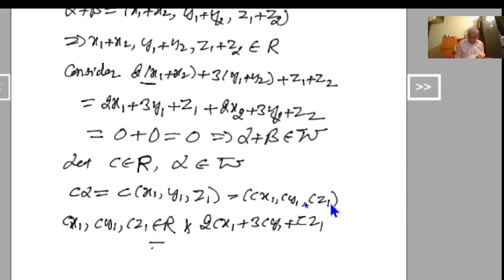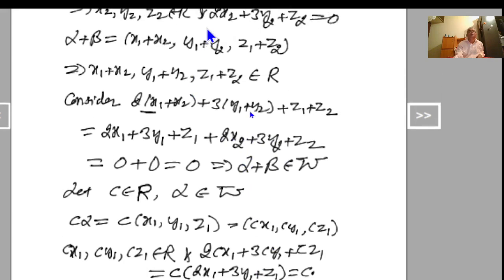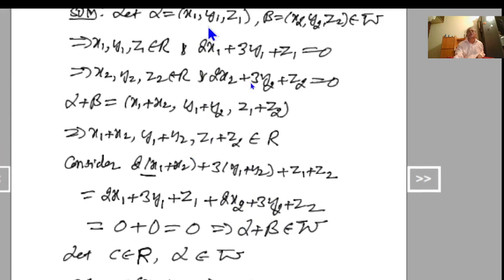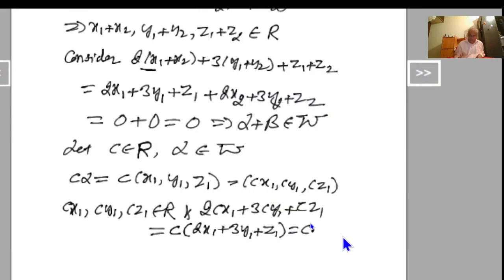This can be written as C, common factor, 2x1 plus 3y1 plus z1. This is equal to C into, what is 2x1 plus 3y1 plus z1? This is equal to 0. So this is C into 0. We know that C into 0 equal to 0.